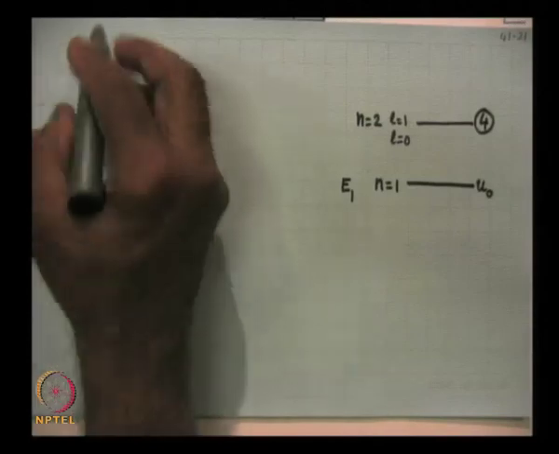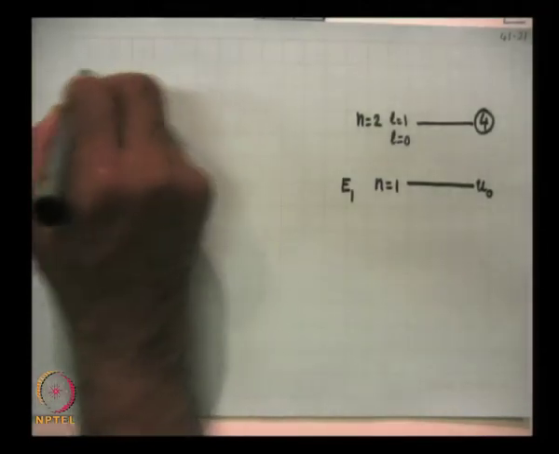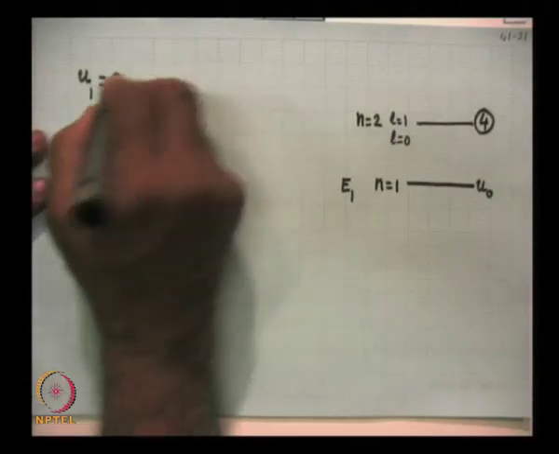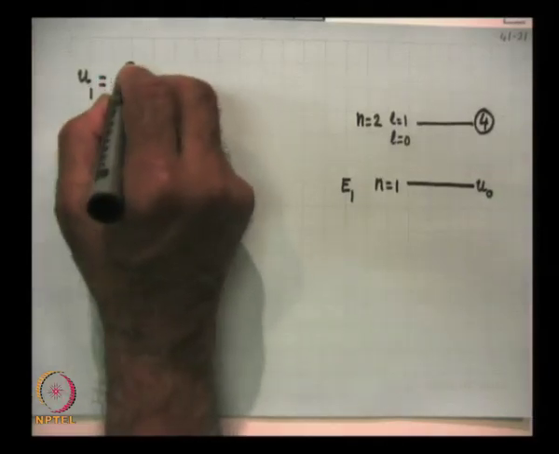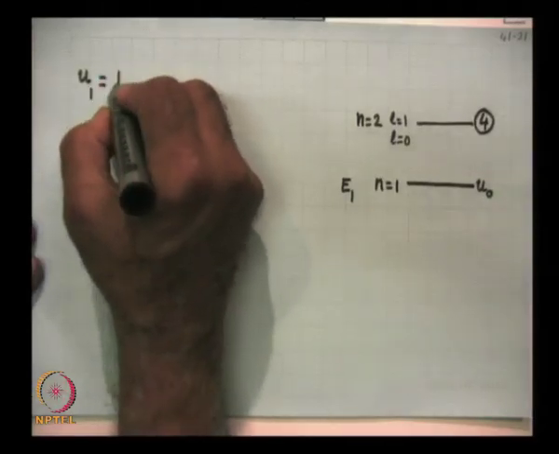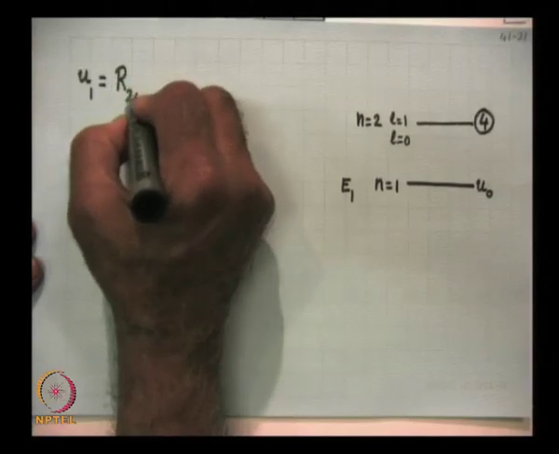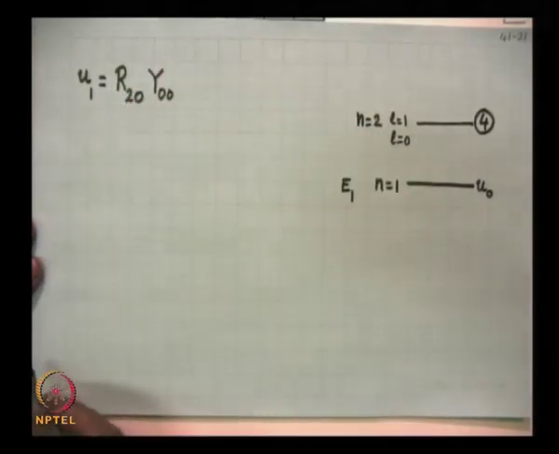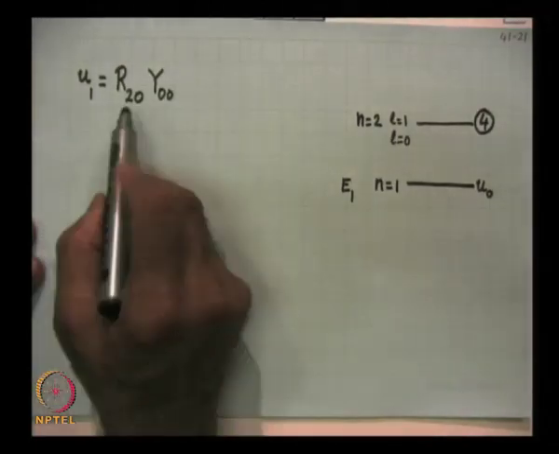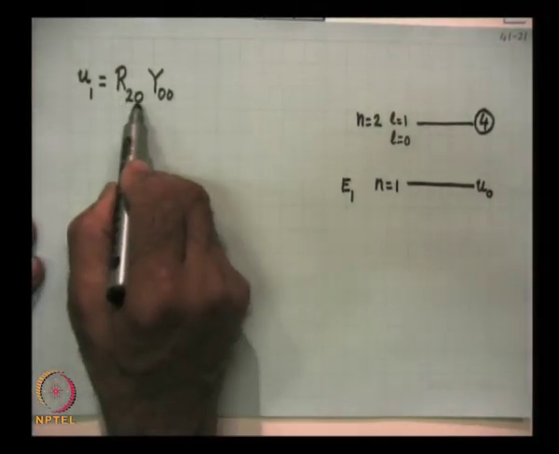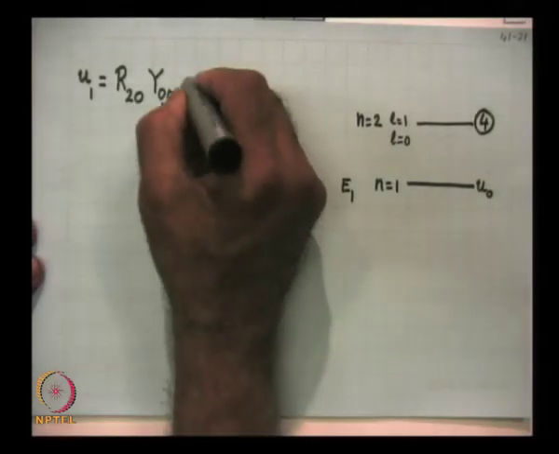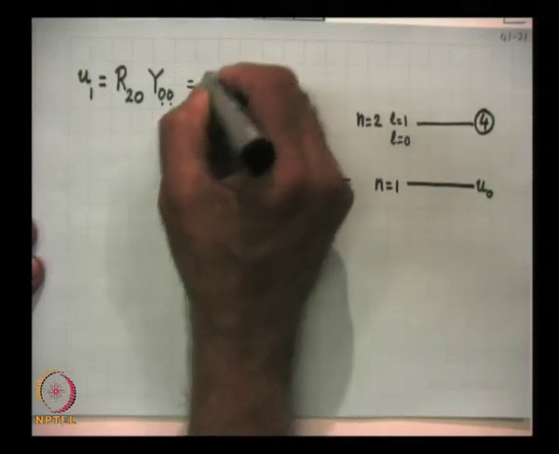So, you will have 4 wave functions. First, let me consider that L is equal to 0. So, u1 is R20 Y00, with n equal to 2 and L equal to 0. When L is equal to 0, m must be 0. So, Y00 is nothing but 1 over under root of 4 pi.